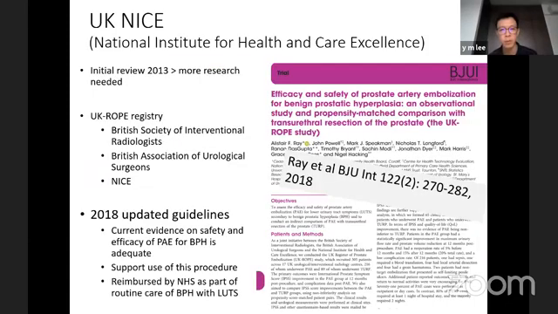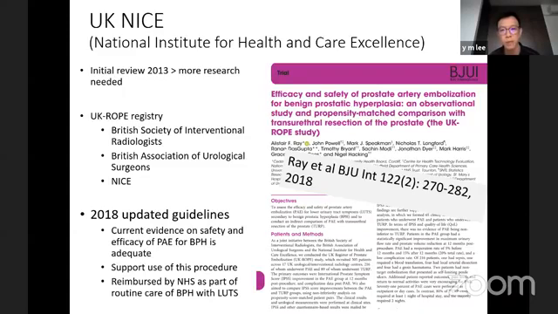Okay, what about the major guidelines? How do they view PAE? So in the UK, as early as 2013, they considered PAE as a procedure. At that point in time, there was inadequate evidence, and they concluded that more research was needed.